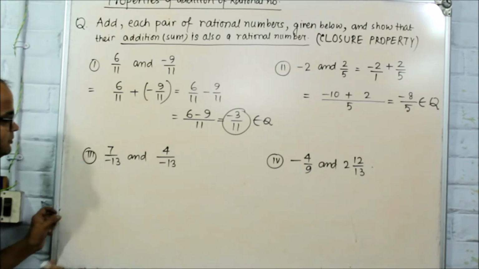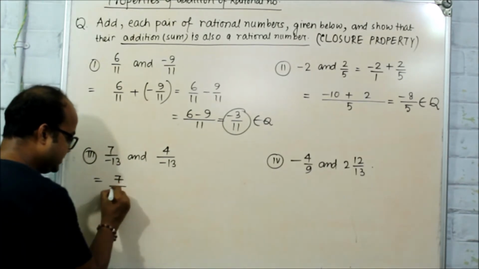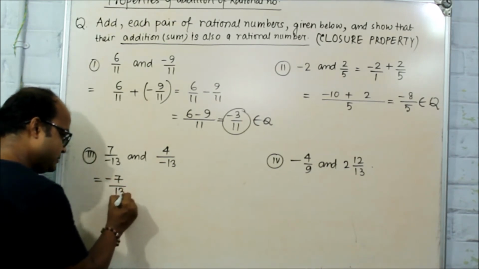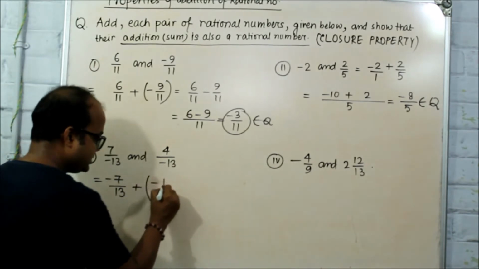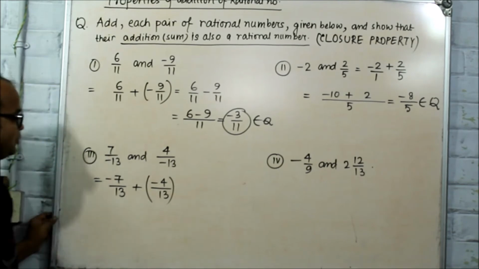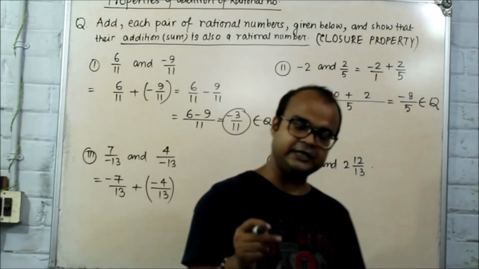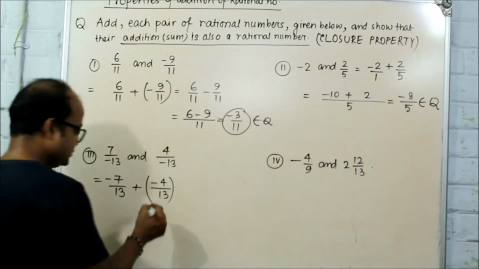Moving on to this problem, you write 7 by minus 13. That can be written as minus 7 by 13 plus minus 4 by 13. Whether the numerator or denominator is negative, the rational number is a negative rational number.